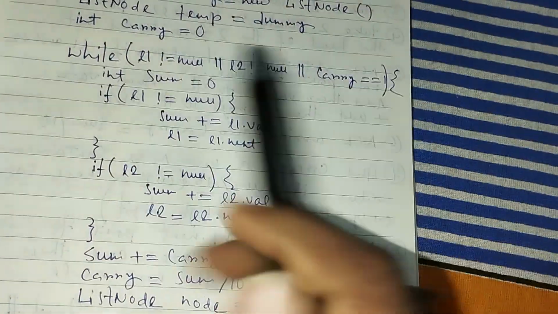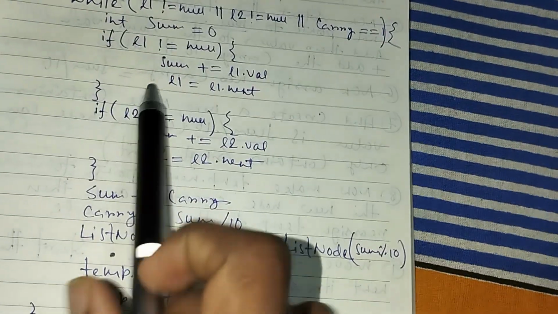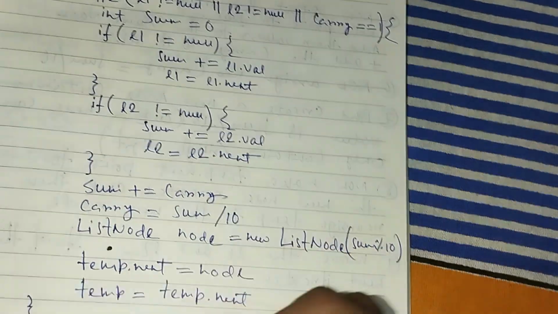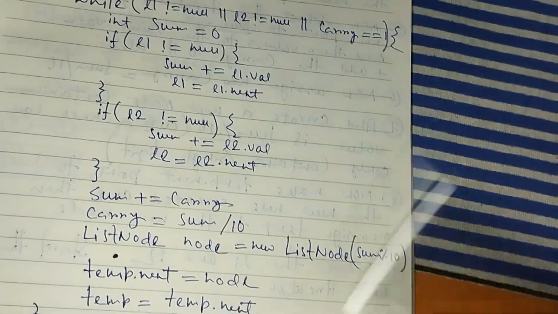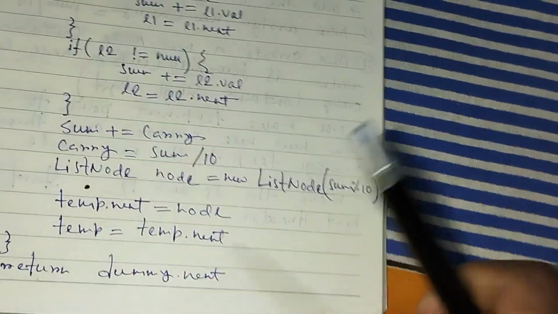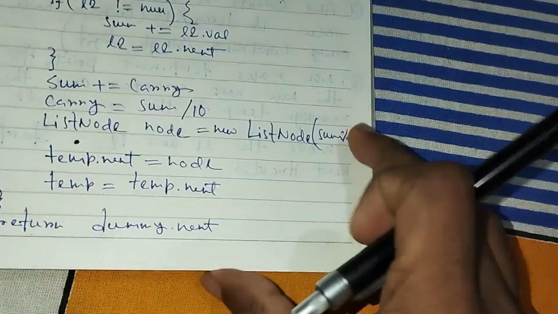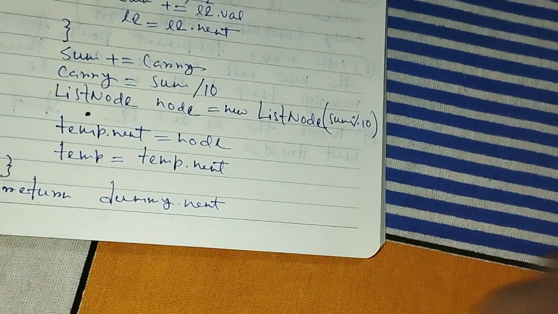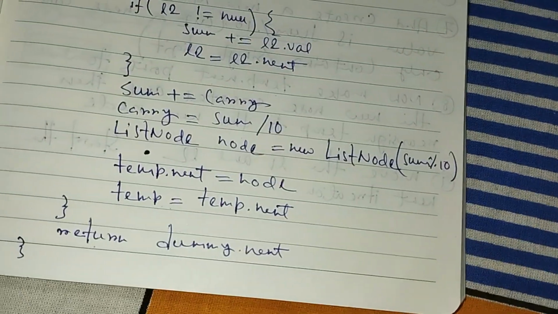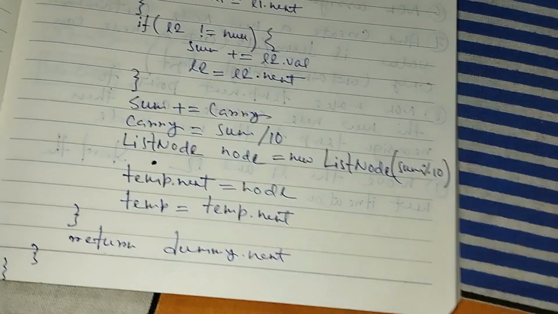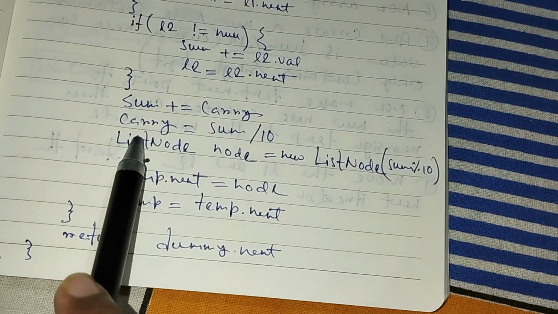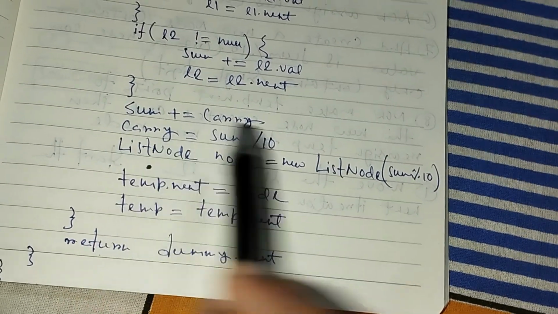As I told you before, if L1 is not equal to null, add the L1 value to sum and move L1 one node ahead, and same for L2 too. And also add the carry. If carry doesn't have a value it will be 0, and if it has a value, add it to the sum. And then compute a new carry.